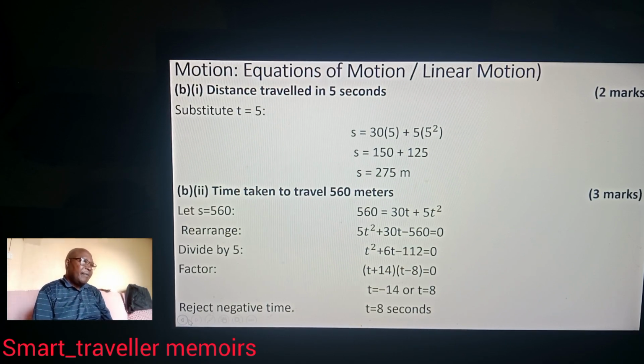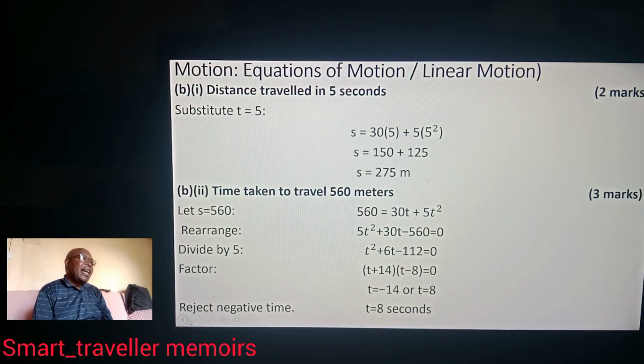Factorize: t plus 14, t minus 8 is equal to 0. And you end up having t is equal to -14 or t is equal to 8.